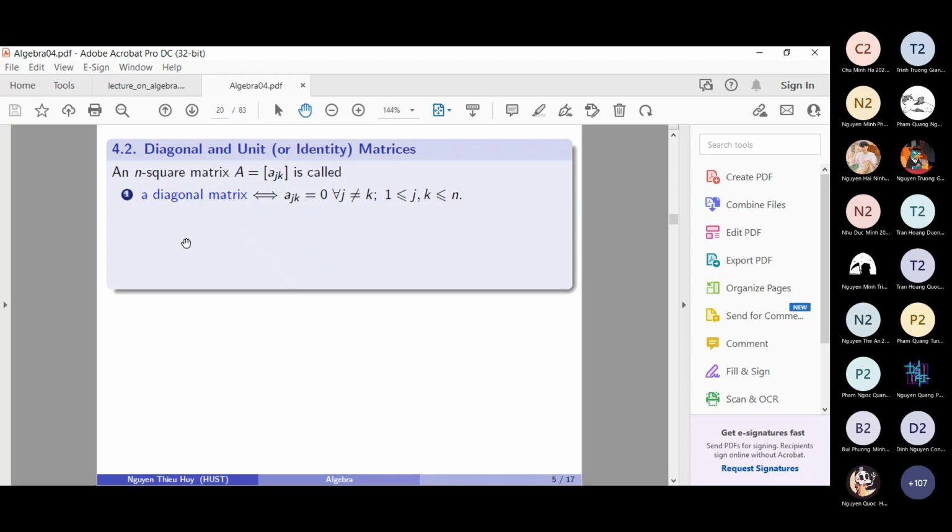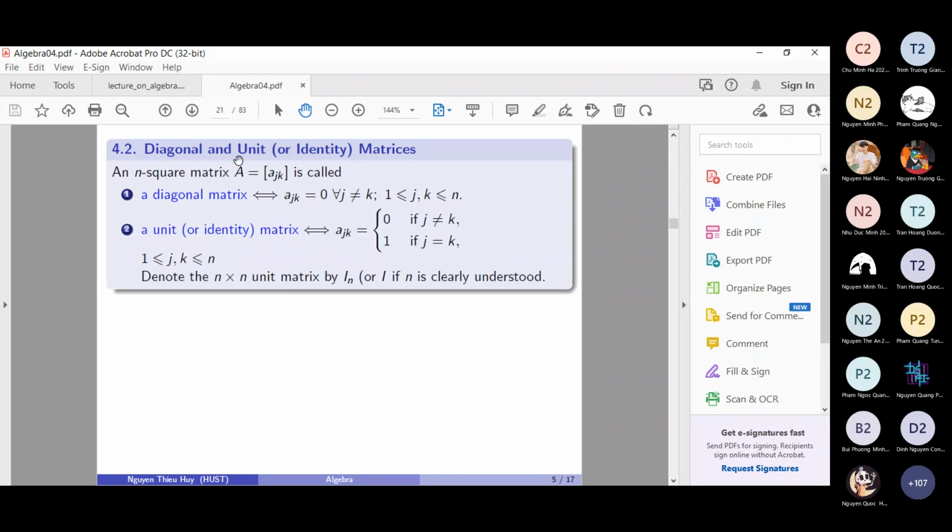And a square matrix is called a unit or identity matrix if and only if it is a diagonal matrix, because it's 0 if j is not k, and on the main diagonal, when j equals k, the entry is 1. So the multiplicative identity in the field K is the number 1, because our K is real numbers or complex numbers, and it is still 1. So let's think about 1 so that it's simple to understand. Just the number 1 here.